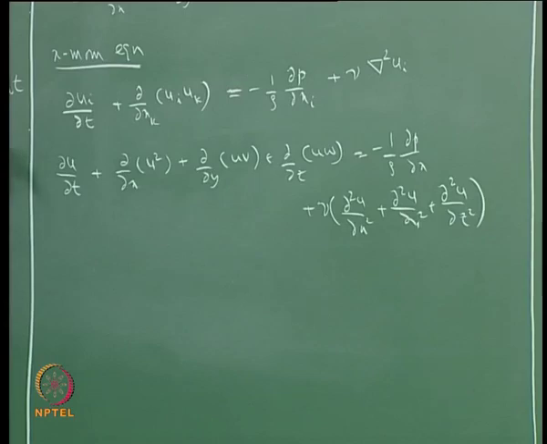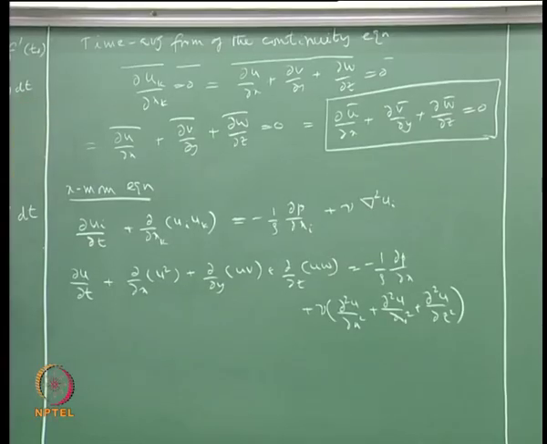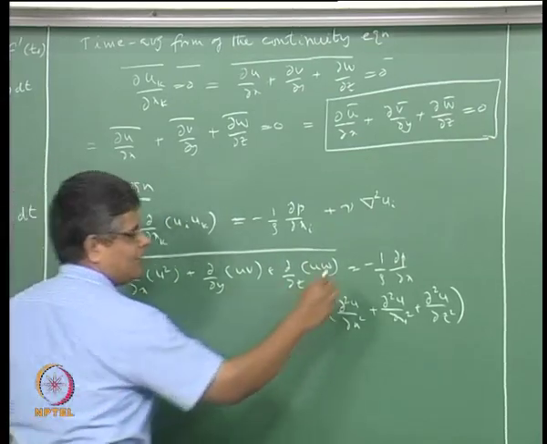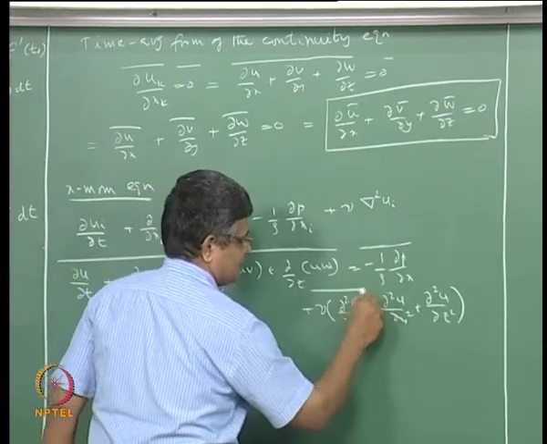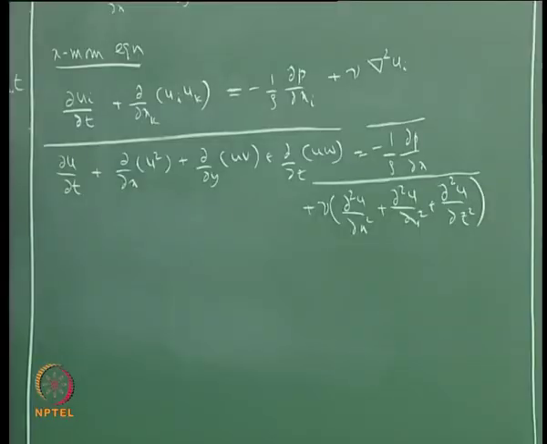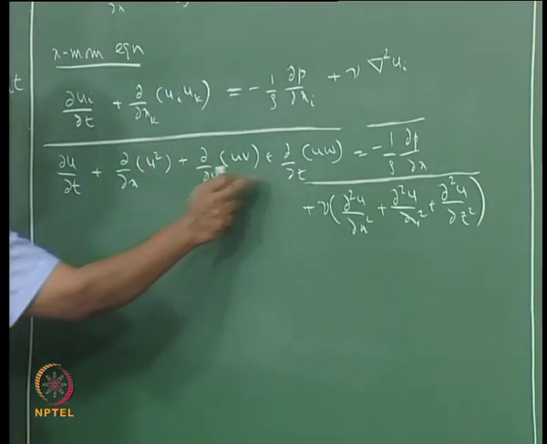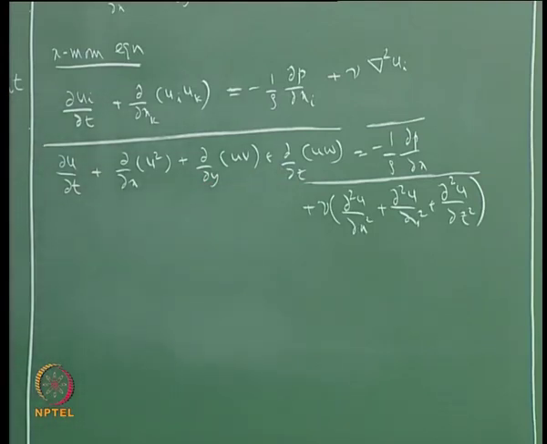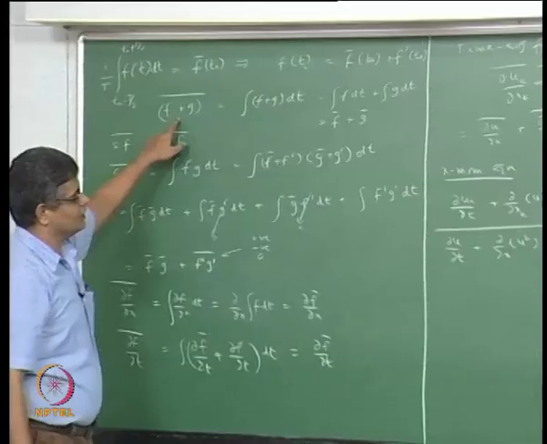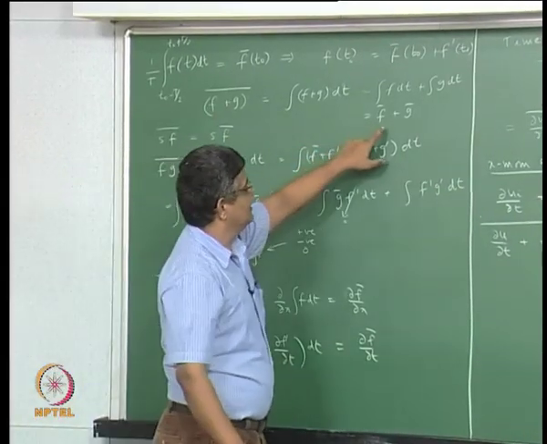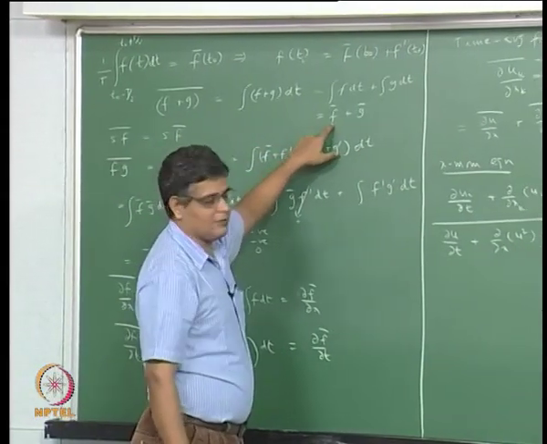Just as we have done for the continuity equation, we time average the left hand side and we time average the right hand side. There are 4 terms here, and time averaging of the 4 terms being added together is equal to the sum of the time average quantities.